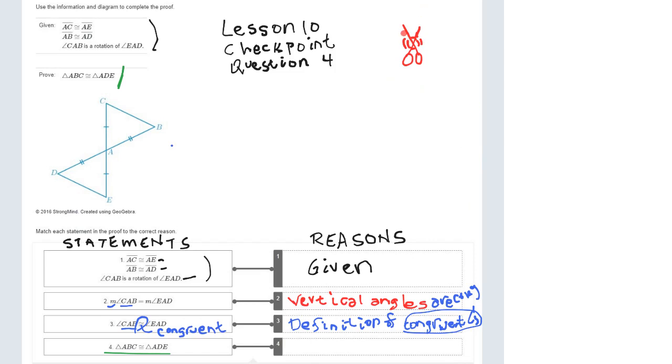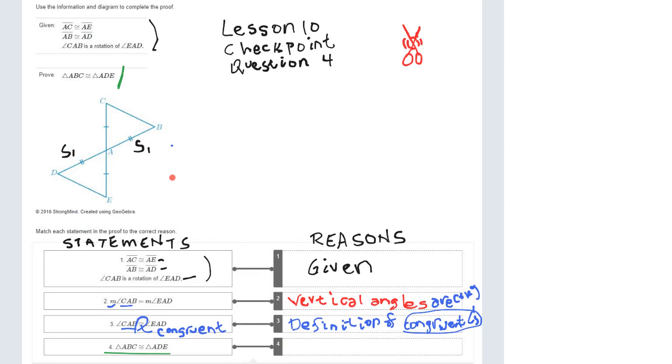So let's now learn how to read line 4. Triangle ABC is congruent to triangle ADE. So here's what we have. We have side 1 of this triangle, because it's the double. It doesn't matter if you begin with the single or the double.